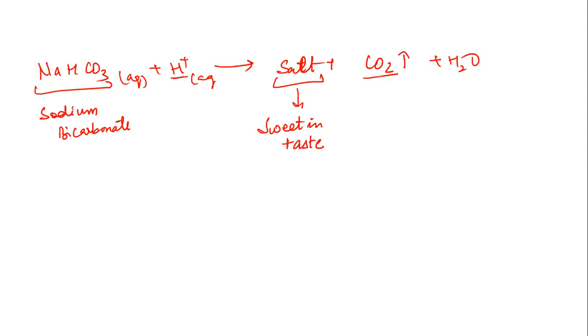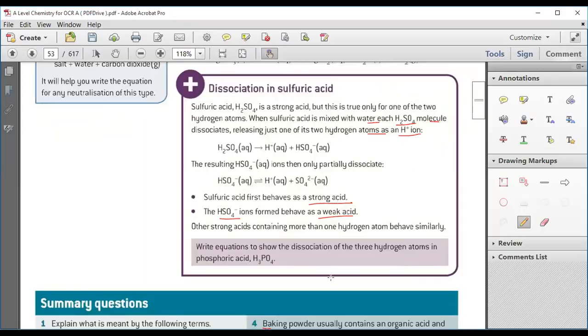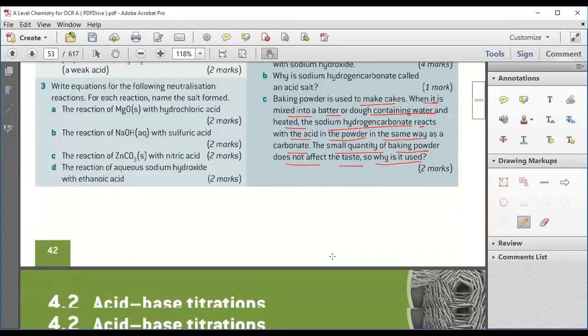And what is the function of carbon dioxide? It makes the dough soft and spongy. So we know that whenever we cook bread, cake, or anything, to make it soft and spongy, we use this carbonate. Clear? Any doubt up to this point?